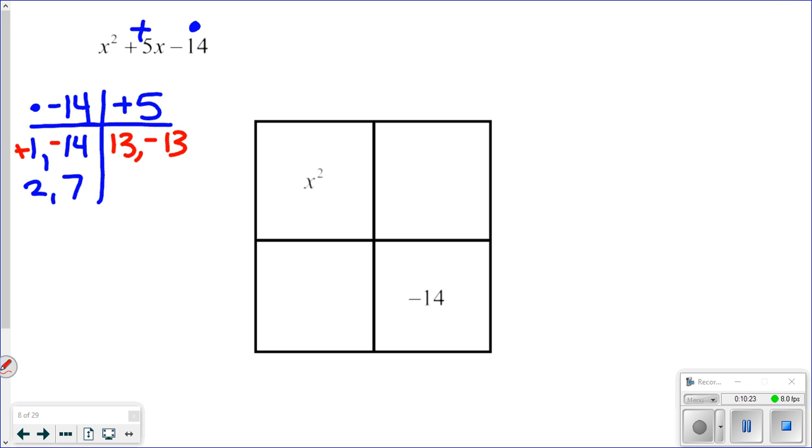That's not a positive 5, so that doesn't work. So if I do a negative 2 plus 7, that works. So a negative 2x and a positive 7x. Remember, it doesn't matter where you put them on your diagonals.